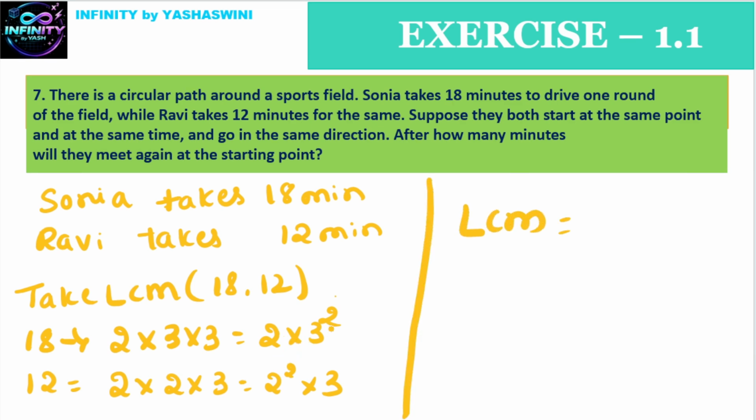Always LCM is equal to all factors with greatest power. Here, 2 with the larger power is 2 power 2, and 3 with the larger power is 3 power 2. 2 power 2 into 3 power 2, that is 4 times 9. That is 36. So they meet after 36 minutes.